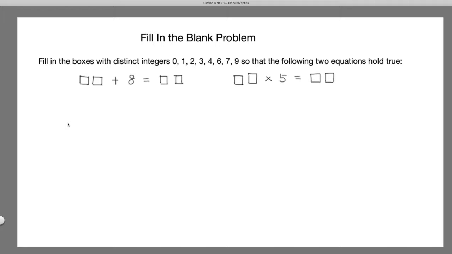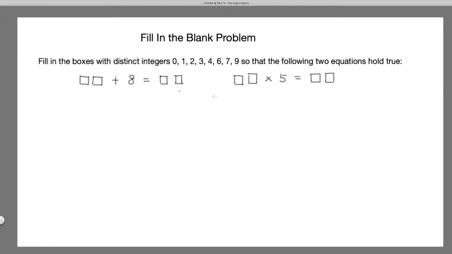The first one is box plus 8 equals box. The two boxes together represent a two-digit number. So a two-digit number plus 8 equals another two-digit number. The second equation is a two-digit number times 5 equals another two-digit number.